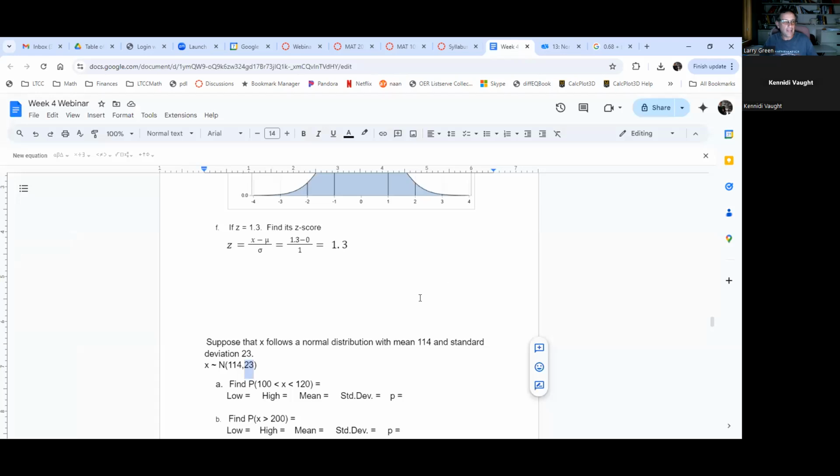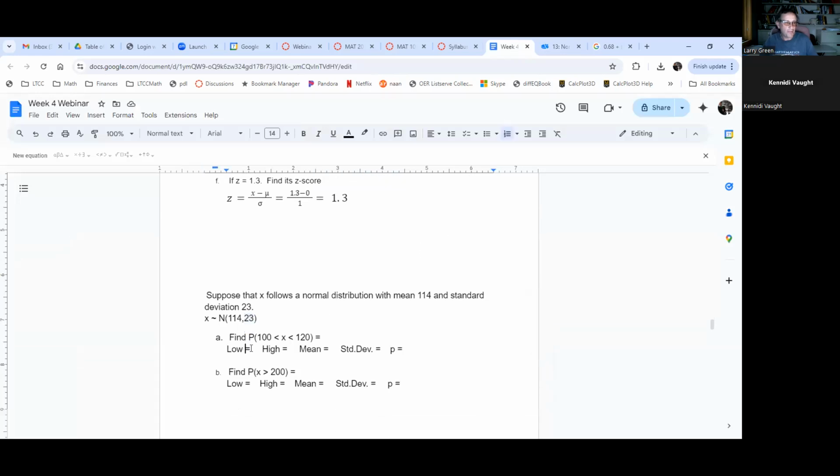So let's go back. For this part A, what is the low? If x is normally distributed with a mean 114 and standard deviation 23, and we want the probability that x is between 100 and 120, what's the low? It's not tricky. Yeah, it's 100. What's the high?